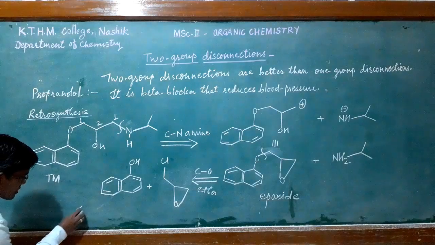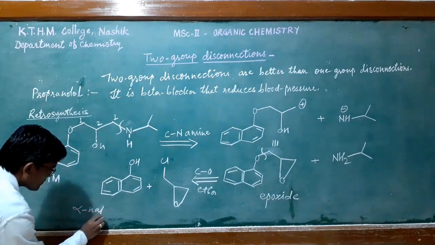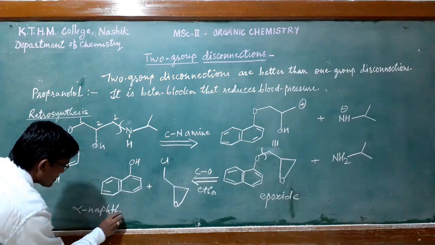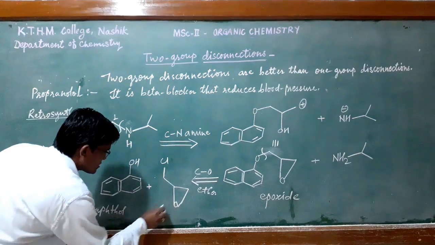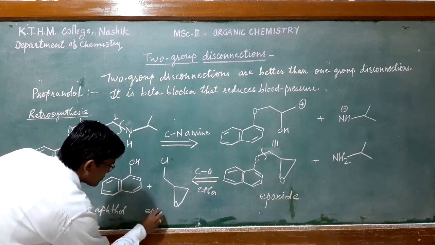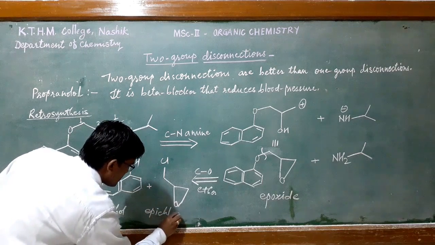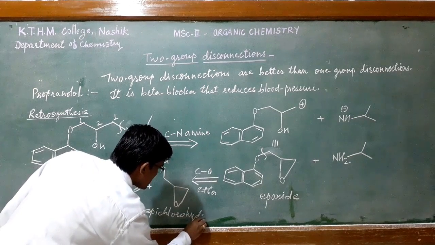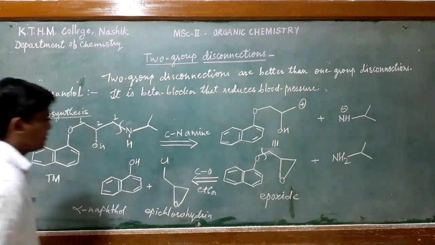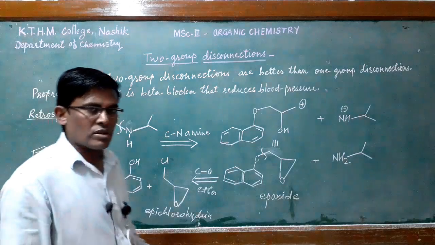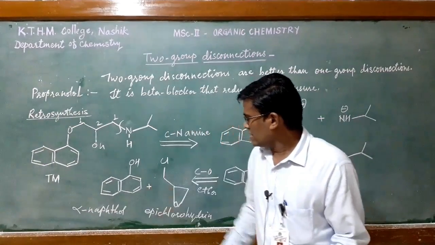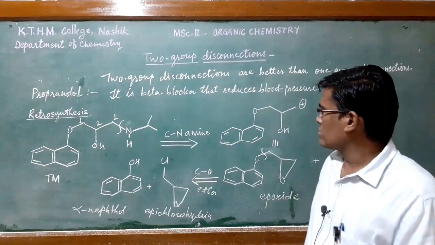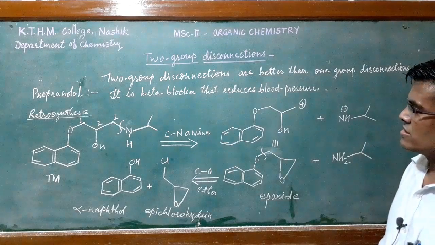So, this is alpha naphthol, and this is epichlorohydrin. Okay. These two chemicals are readily available. So, this is how the analysis is.